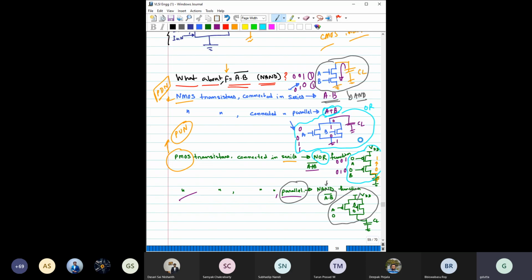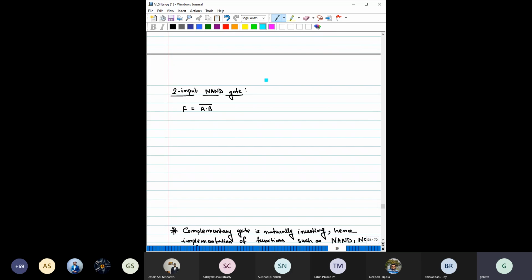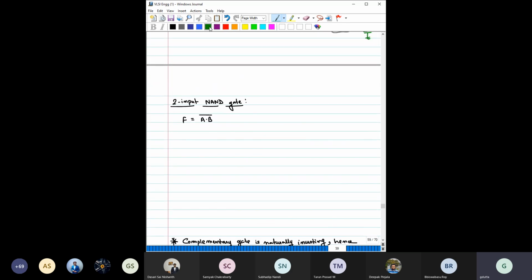Okay, so based on this understanding, let us now try to design this F equal to A dot B bar, or the two input NAND gate. Then what would be the two input NAND gate structure from this transistor level point of view? So now we are doing the transistor level implementation. To achieve that, for PMOS, we should have this PMOS like this.